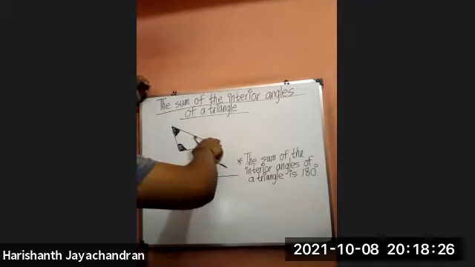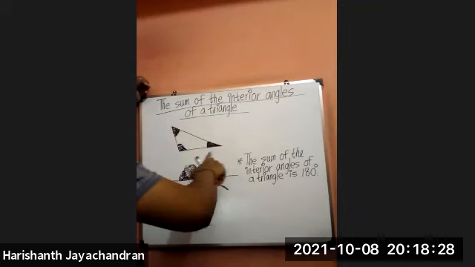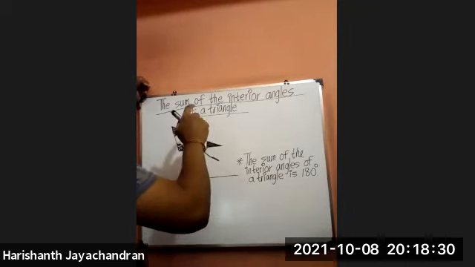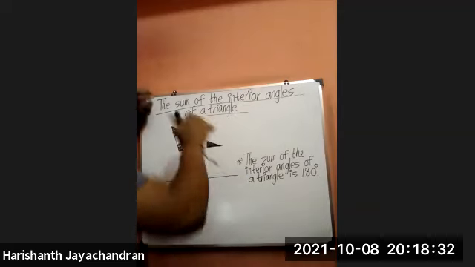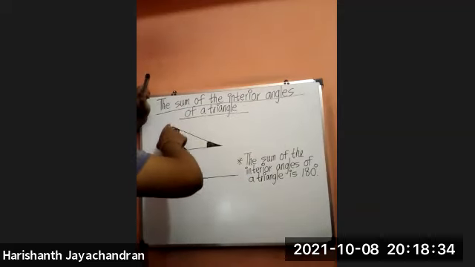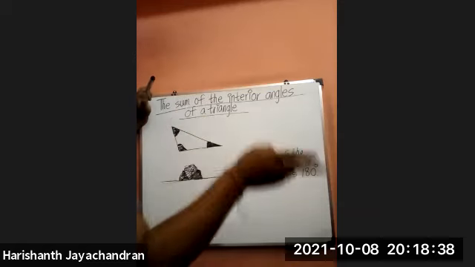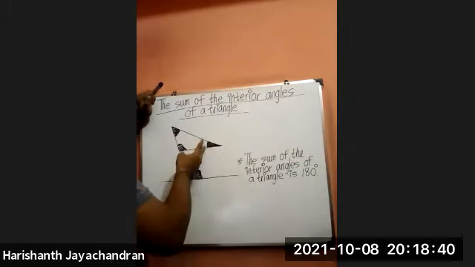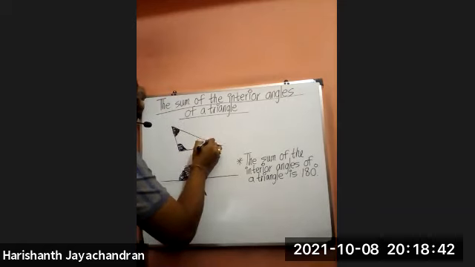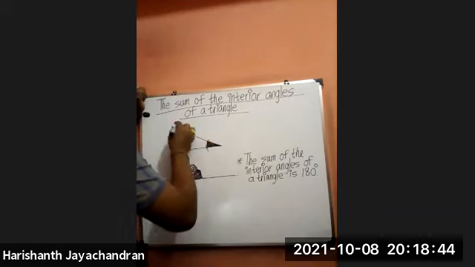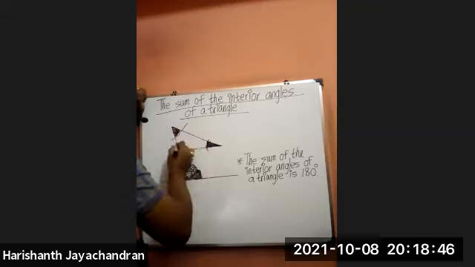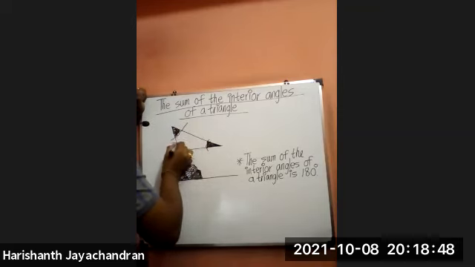Once you have drawn a triangle, you must cut it out. Once you have a triangular shape like this, take a pair of scissors and just cut at these places. Okay.